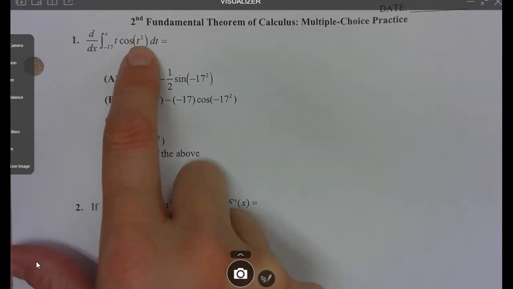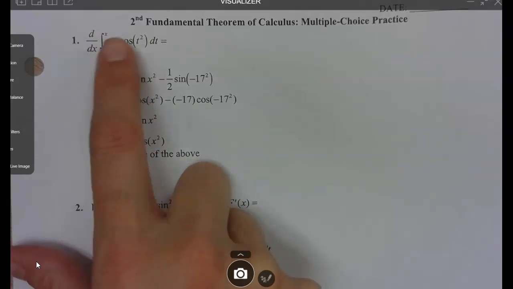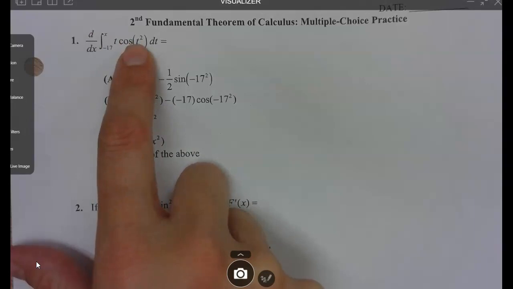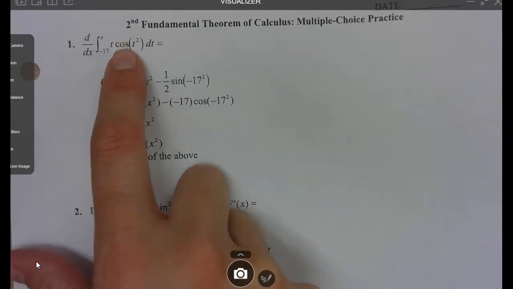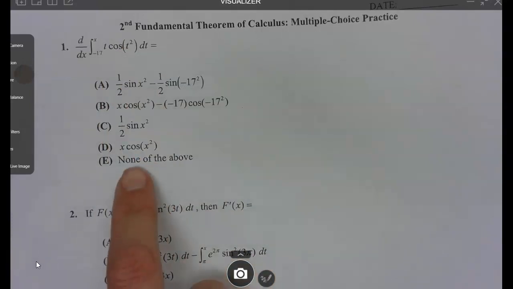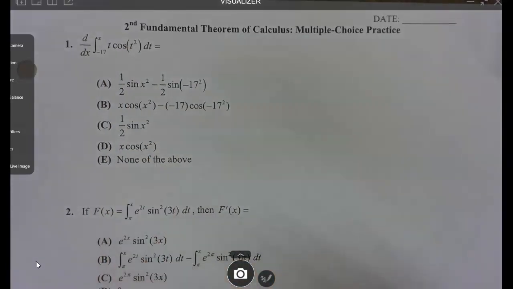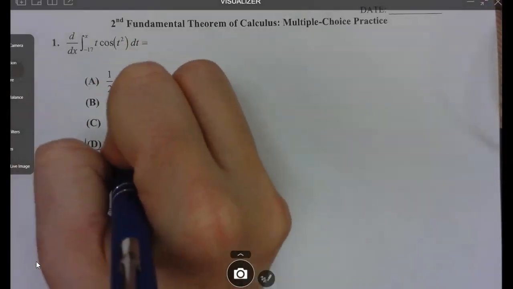Derivative of a constant zeroes out. And then the derivative of the antiderivative would get you back to the original. So our answer choice needs to be x cosine x squared, or option number D.